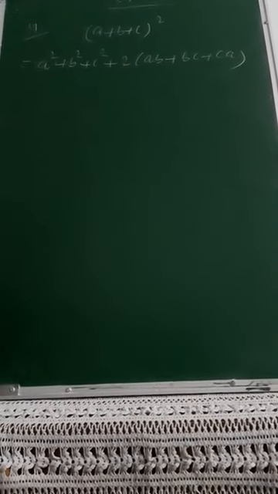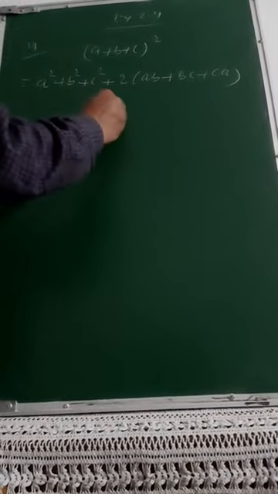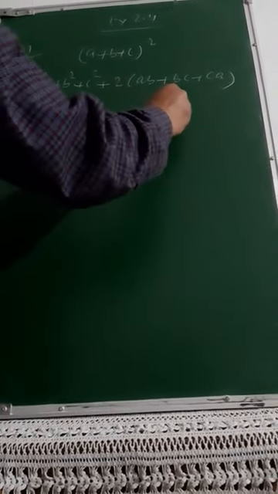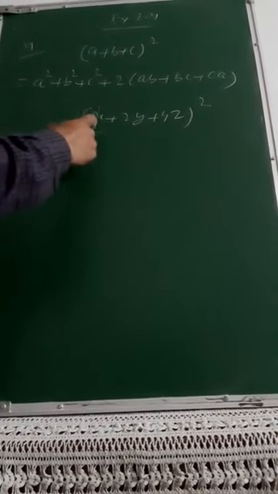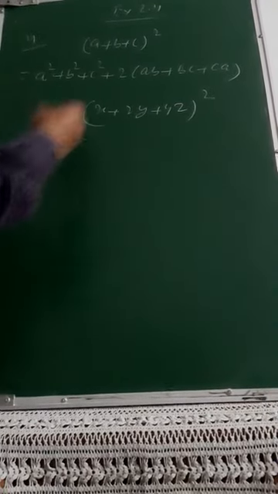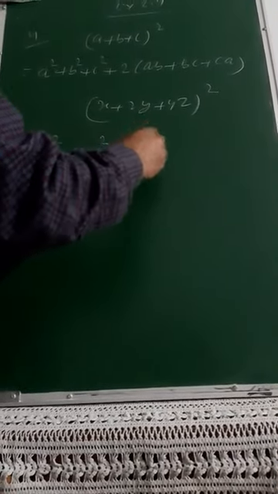So here is the identity, and on the basis of this you need to expand the first one: (x plus 2y plus 4z) whole square. Now I know this is a, this is b and this is c, so simply substitute.